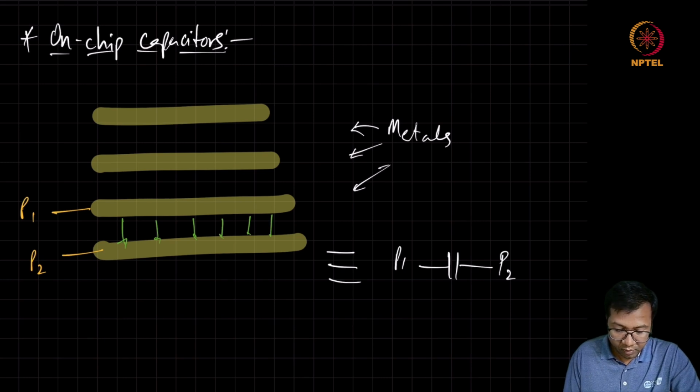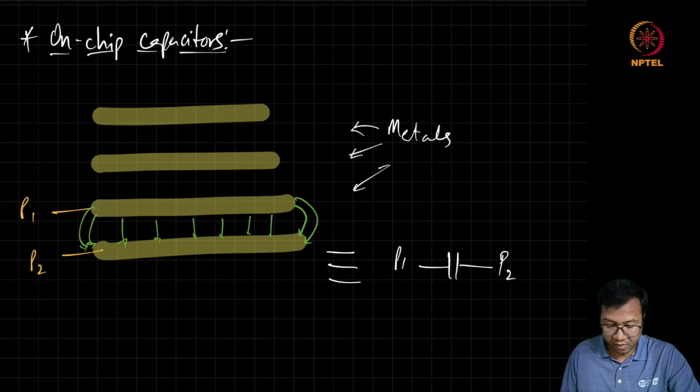Now, one thing to note here is that this spacing is very comparable to the thickness of these metals. So we are also going to get a good amount of fringing electric fields.